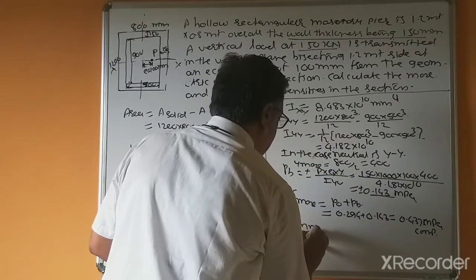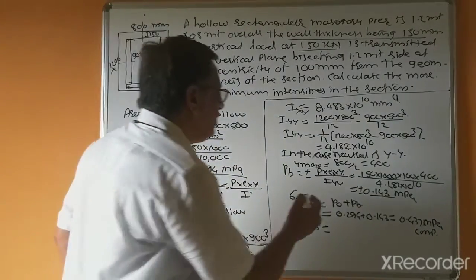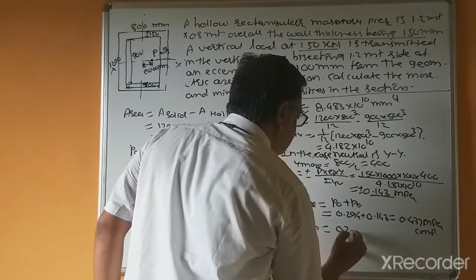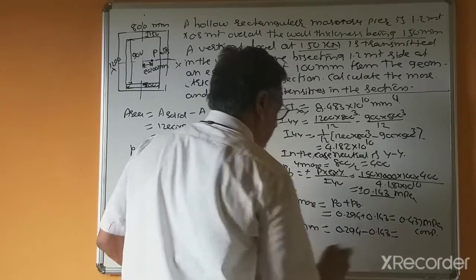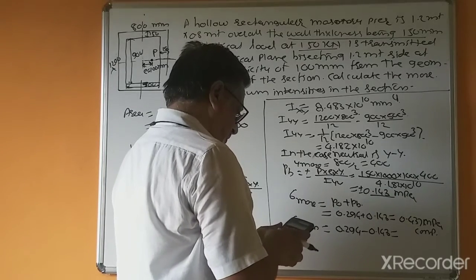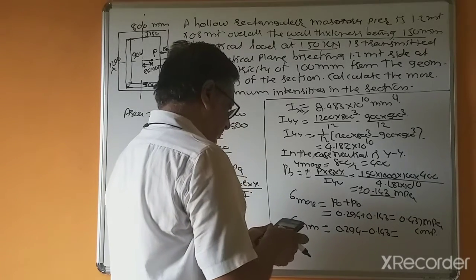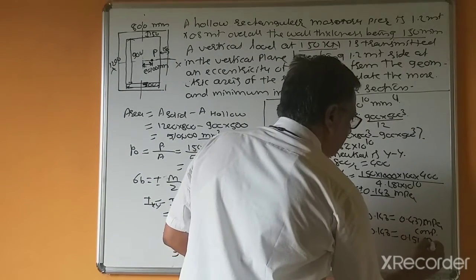And minimum equal to, because in the left hand side this is the tensile bending stress and this is positive, and the compressive direct stress is negative. 0.294 minus 0.143 equals 0.151 megapascal.